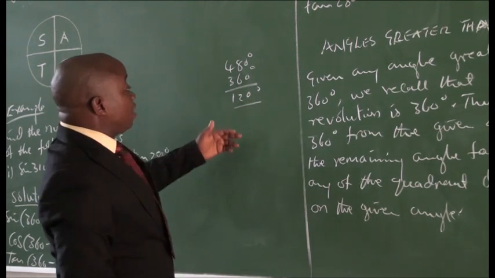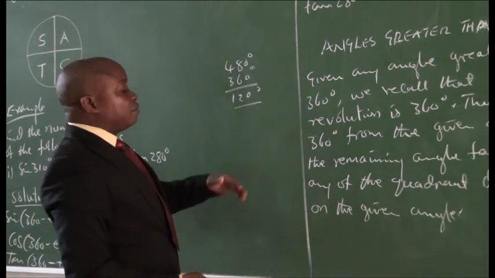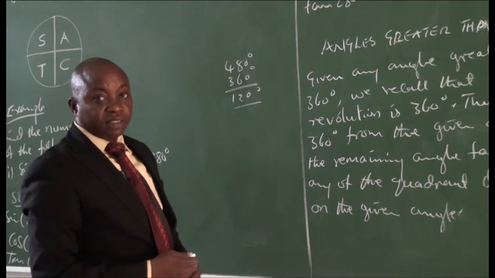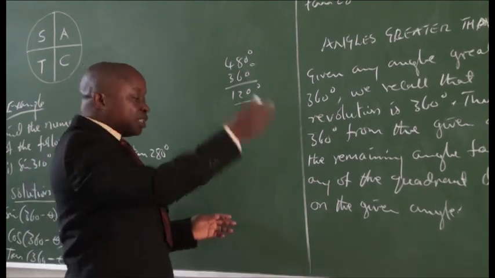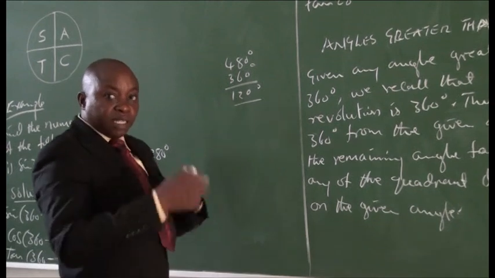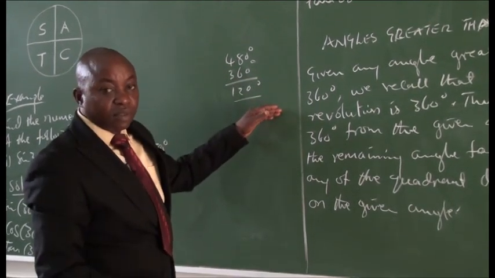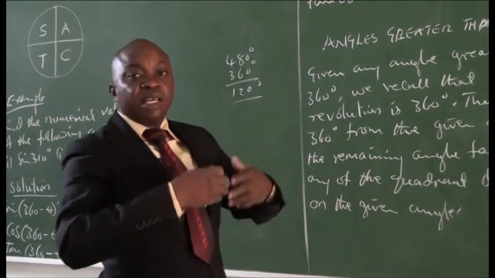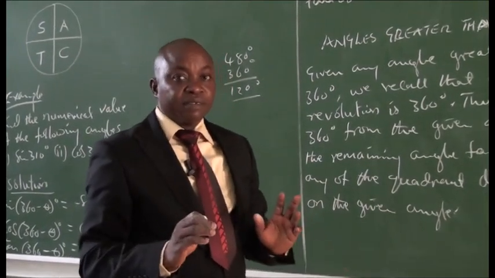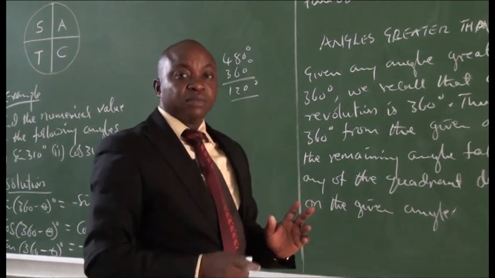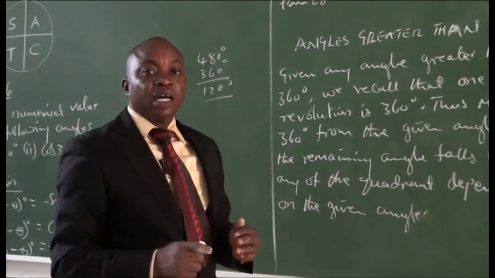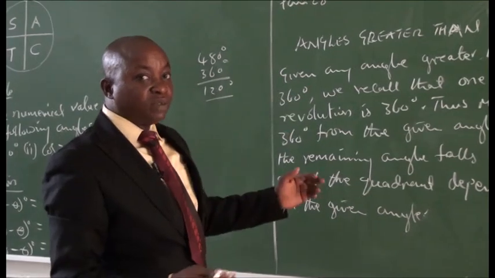If it was maybe 500 degrees, I will rotate the first time. The remaining one, wherever it falls, I'll then start the definition. It can be up to 800 degrees, it doesn't matter. I'll rotate the first one, I'll rotate the second one. If I rotate the first one, it's 360.